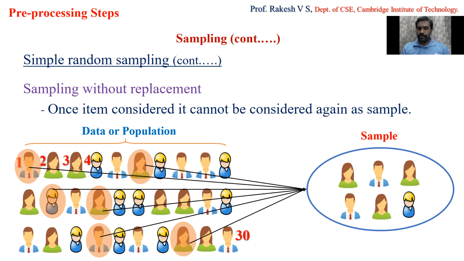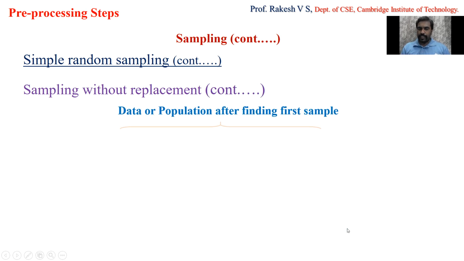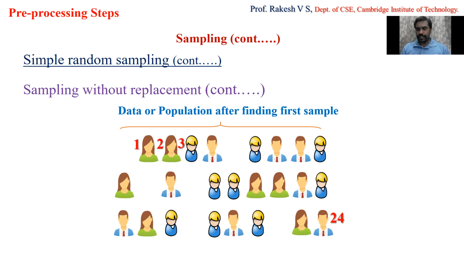That means to find a new sample, these data objects which are already selected will not be considered. That is, after finding the first sample, which means after removing those 6 data objects, the new data set for us looks like this, consisting of only 24 objects.